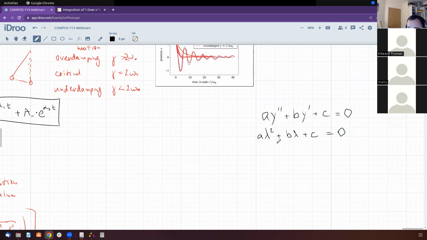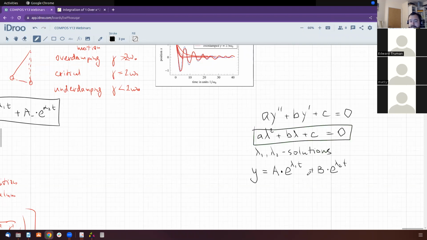That's a quadratic equation, and lambda 1 and lambda 2 are the solutions. That means y is equal to an arbitrary constant a multiplied by e to the power lambda 1 t plus b multiplied by e to the power lambda 2 t. Well, lambda 1 and lambda 2 are the solutions of this equation.